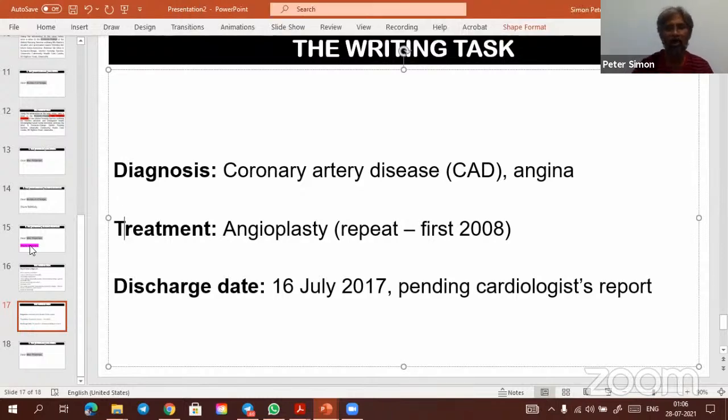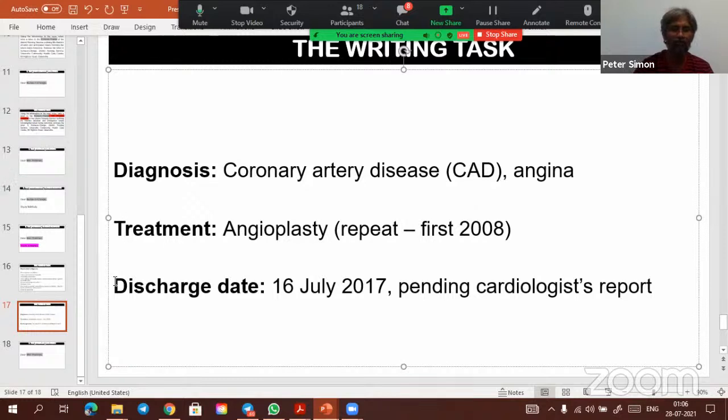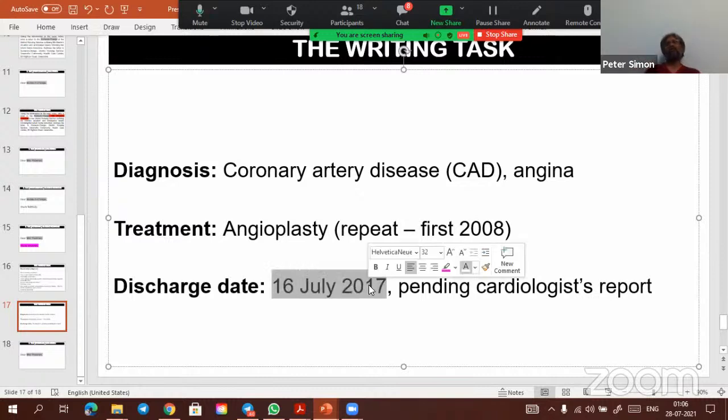Now here discharge date is here. So you're writing the letter on this day or the previous day or 2 days before. So these are the options which you may have. Discharge date. This is it.